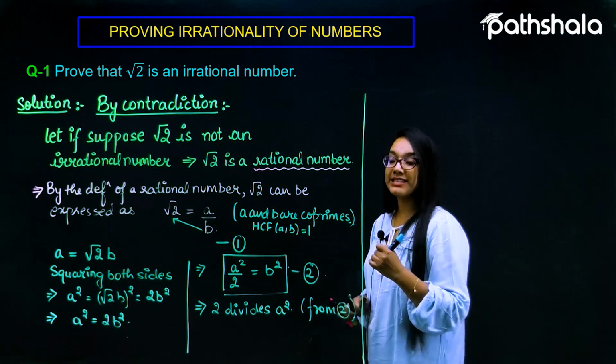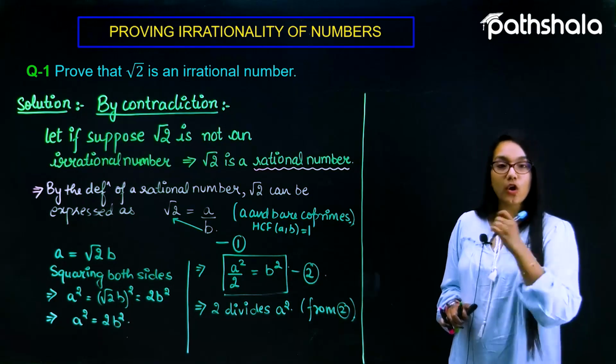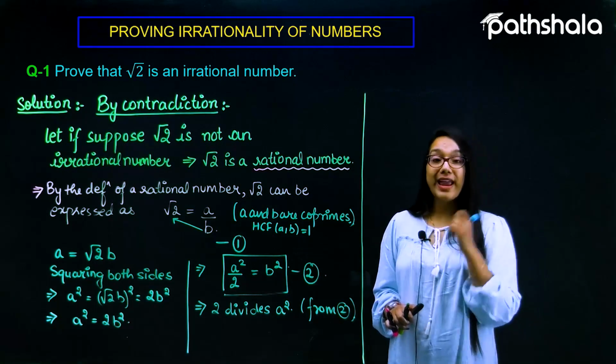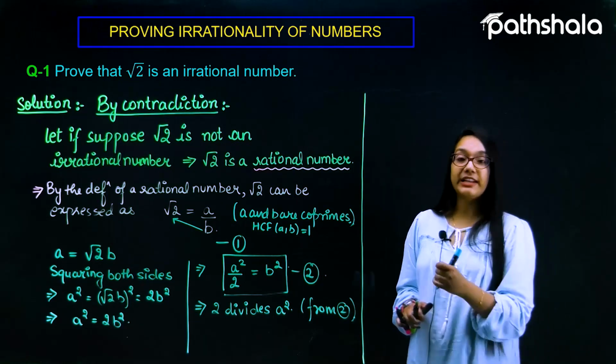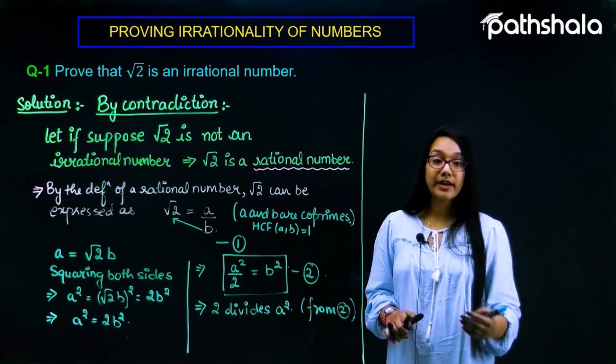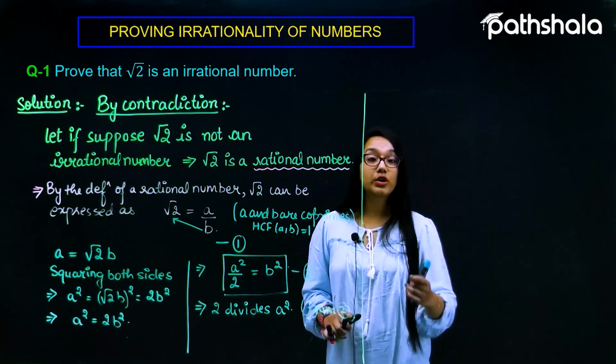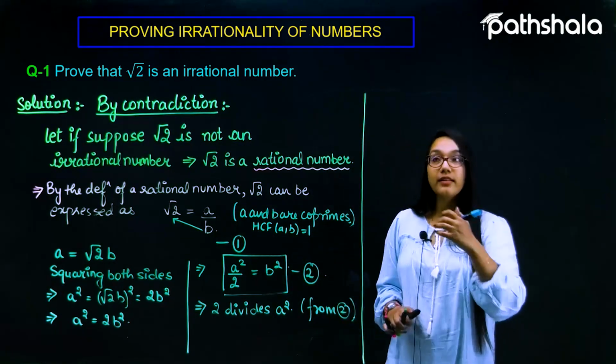Here we use a theorem that we have already proved: for any prime P, if P divides the square of a number, then P divides the number itself. Let me write the theorem.